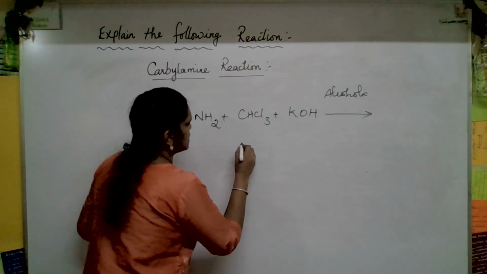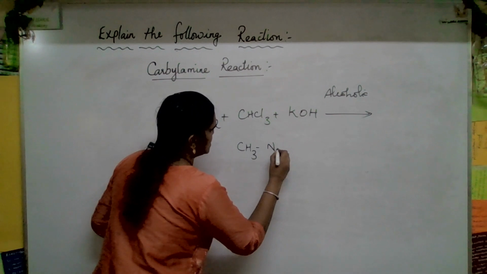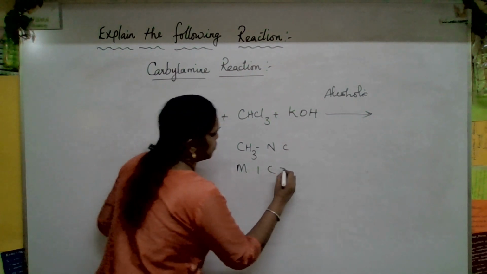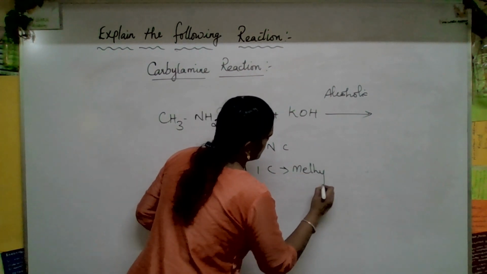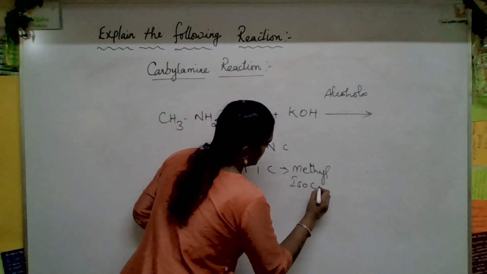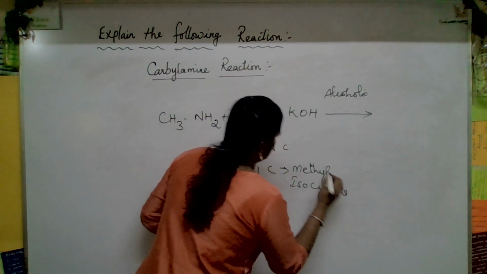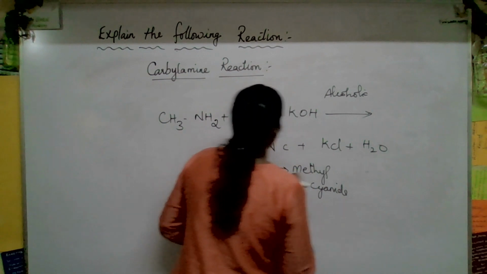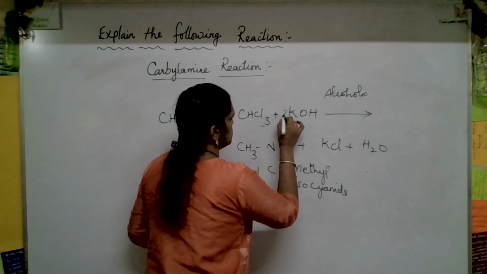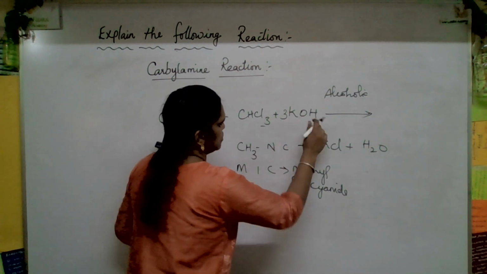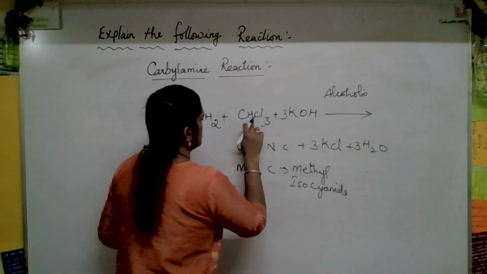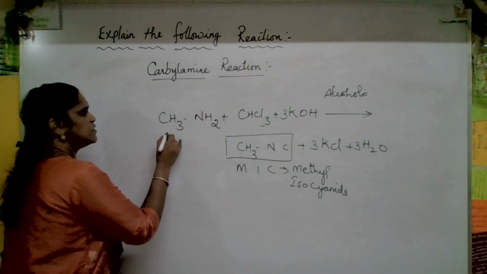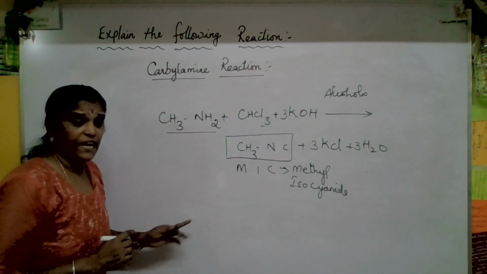Here you will get CH3NC, methyl isocyanide, and you will get 3 KCl and 3 H2O. So this is methyl isocyanide. Now this is methylamine, so you are getting methyl isocyanide.